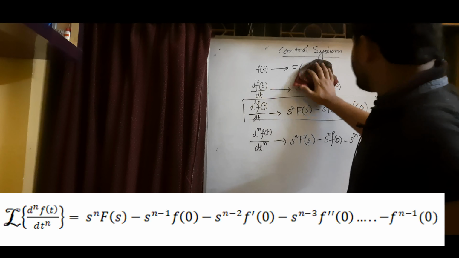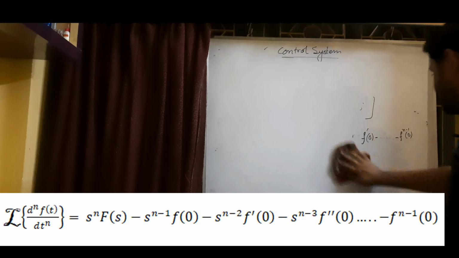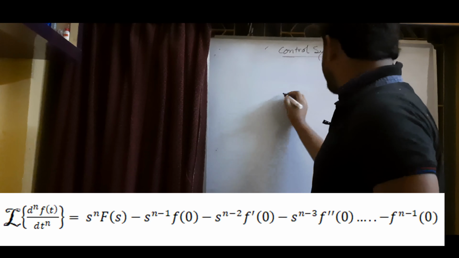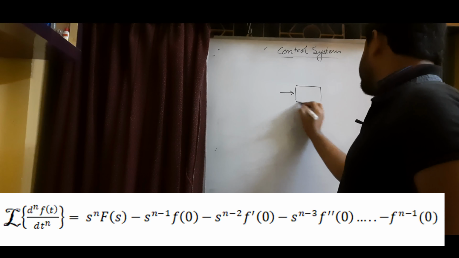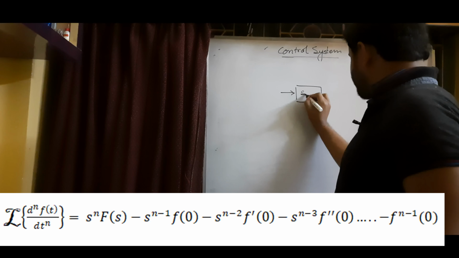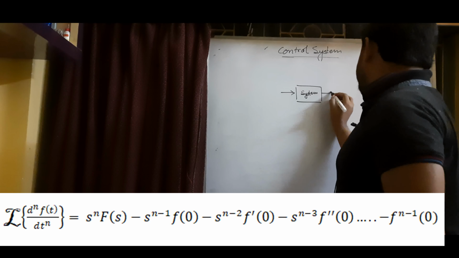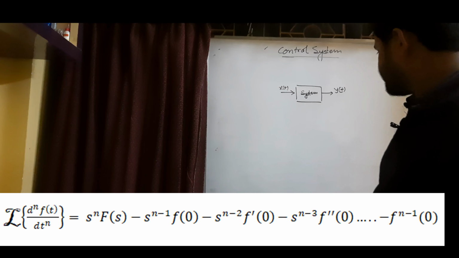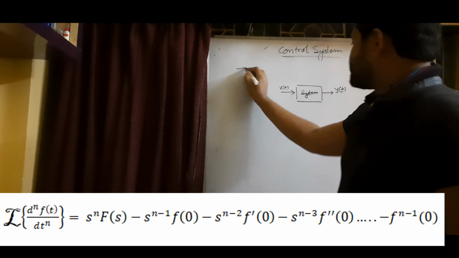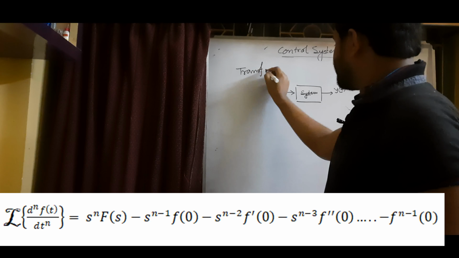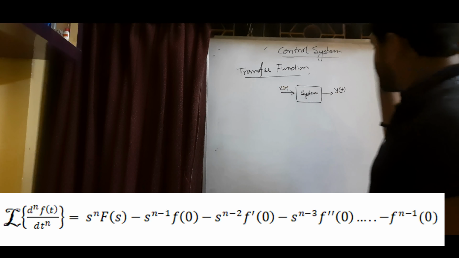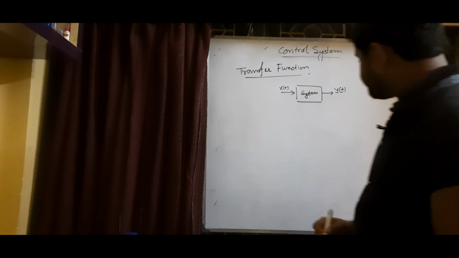Now I am coming to the topic transfer function, the second type of modeling. What is transfer function? Let me first draw a simple diagram. A system, and the system has some output y(t), it takes some input x(t). The heading is transfer function.